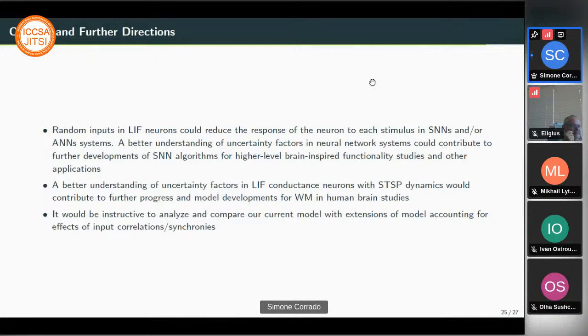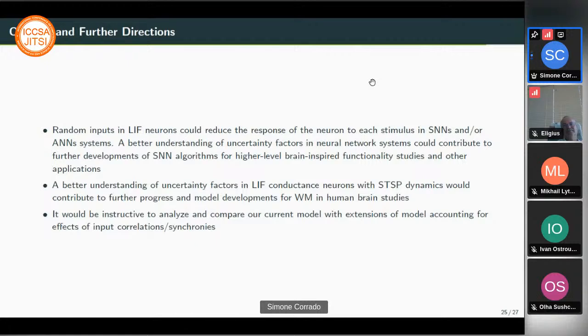A pretty similar analysis could be done with respect to artificial neural networks, of course, computationally much more intensive. What is clear is that understanding of these uncertainty factors in this type of model, which have for a long time been used effectively as deterministic in terms of neural network systems, definitely should be looked at more carefully.